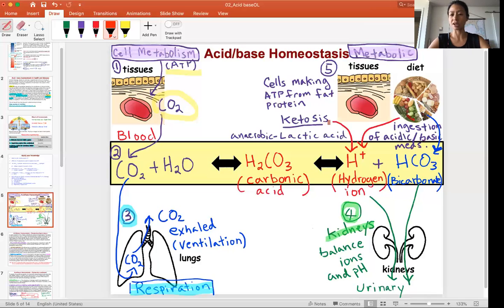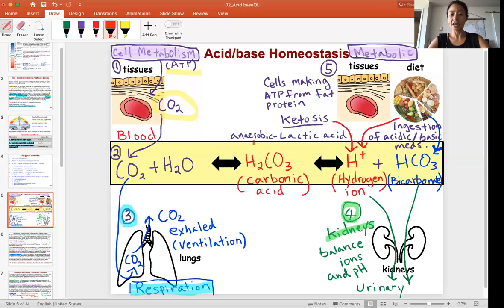Ketosis generates ketones, which will dump hydrogen ion into the blood. So that's an excess hydrogen ion from another form of metabolism. So if the excess hydrogen ions dump into the blood and there's not enough bicarbonate to accept that hydrogen ion, this will then cause imbalance.